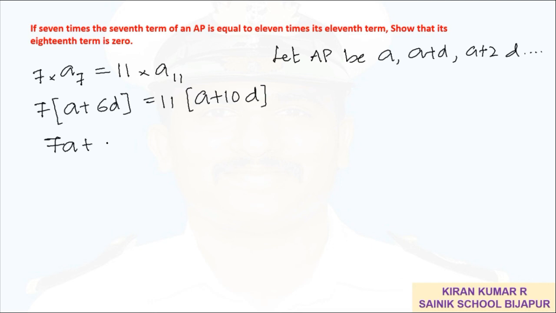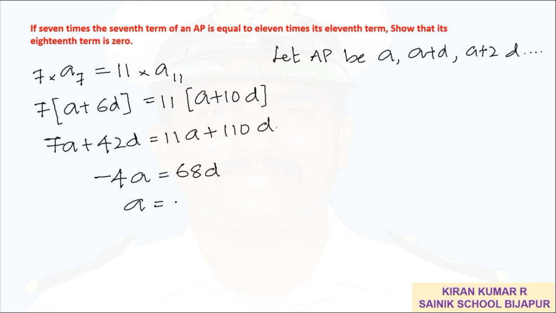7A plus 7 4s 42D equal to 11A plus 110D. On further simplification, I'll get it as negative 4A equal to positive 68D. If you find value of A, we get it as negative 17D.